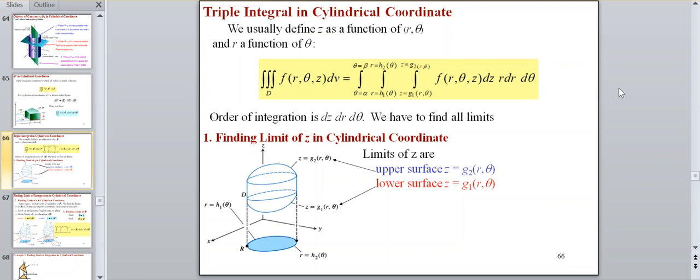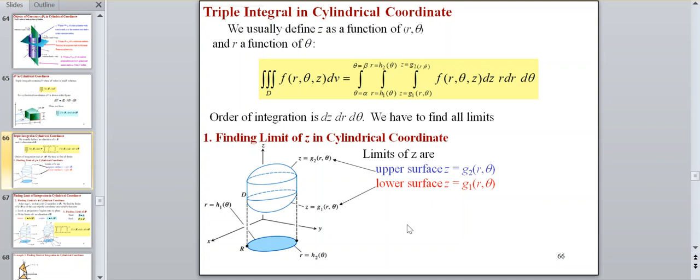Now look at here how we are going to describe the region D in cylindrical coordinate system. Usually, this is not the only case, but in this course the region D will be described in this way.